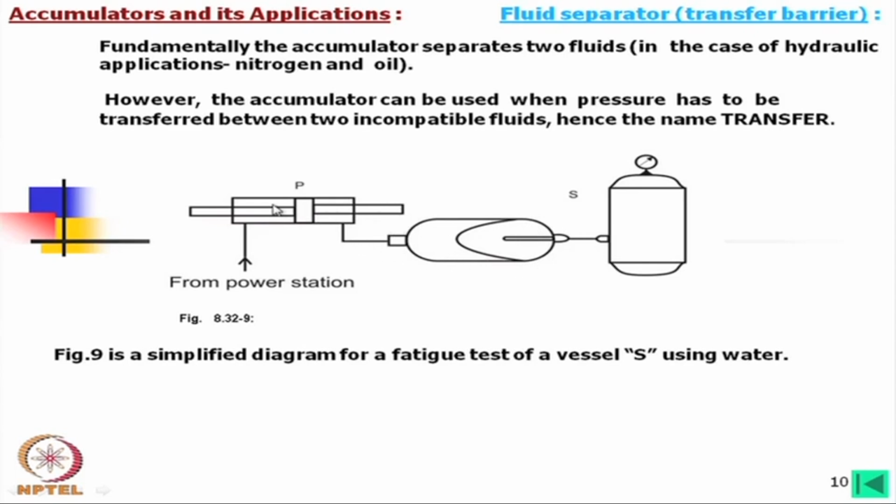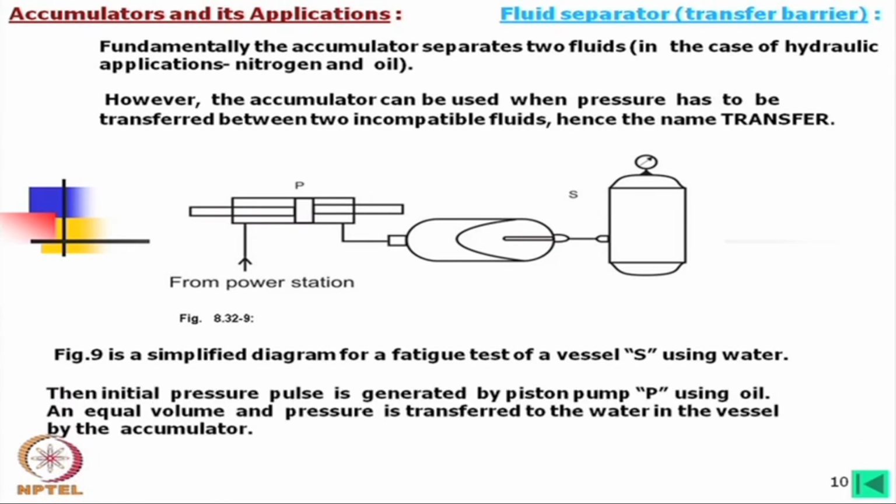So, we are creating pressure through this accumulator bladder. The water inside is being pressurized, and by oscillating this we are applying the fatigue load to this vessel. So, this is one application of this accumulator, which is called transfer.